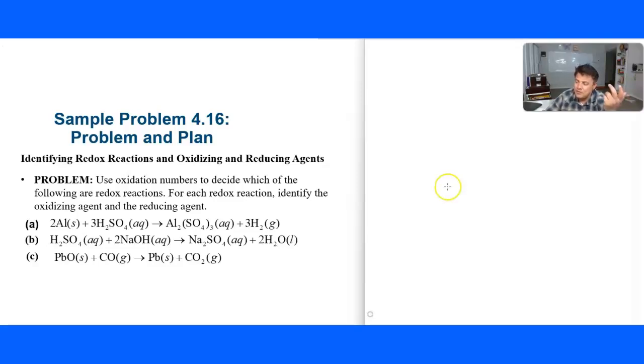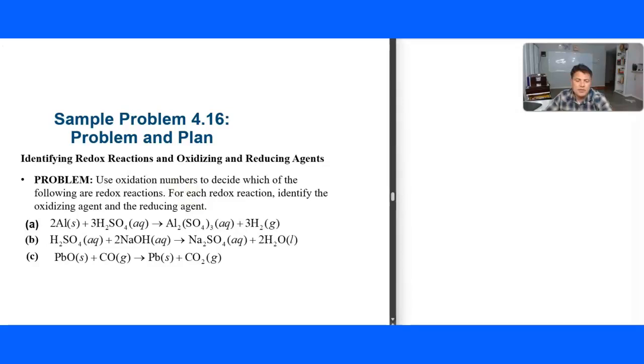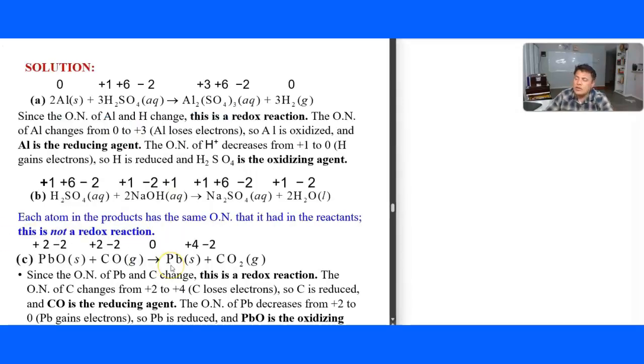If no element has an increasing or decreasing oxidation number, then that is not an oxidation reduction reaction. Let's see these 3 examples and then you can realize that.